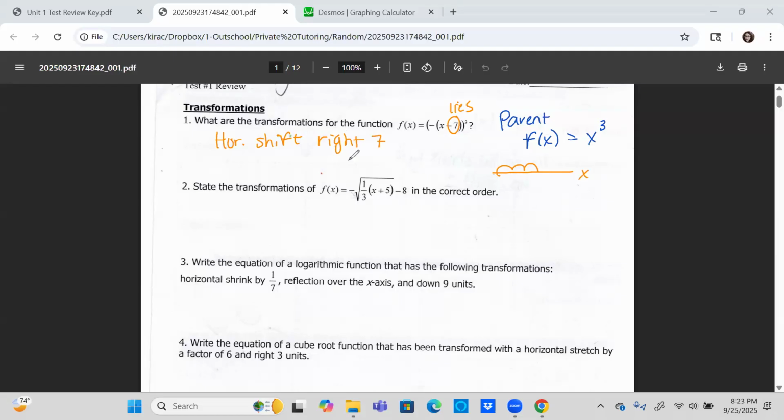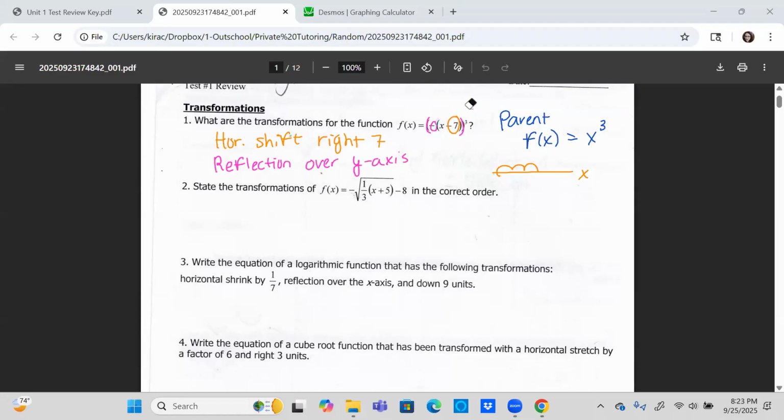And then we have this negation, and it's inside the parentheses. So the negation itself is being cubed. When the negation is taking on the function on the inside, if you will, that is a reflection over the y-axis.